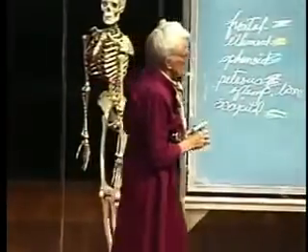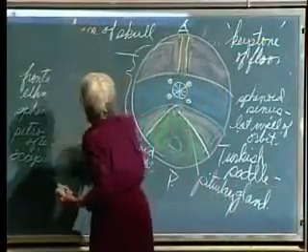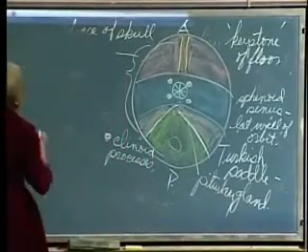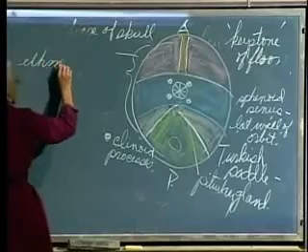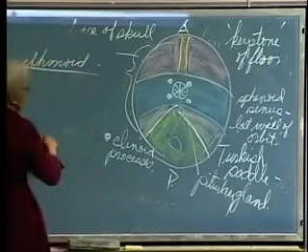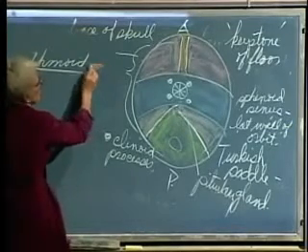Now, let's look at the ethmoid. We're only giving brief things about these. So the ethmoid, we had it in orange over there, the part that we see from the base of the skull. There's lots more to it.